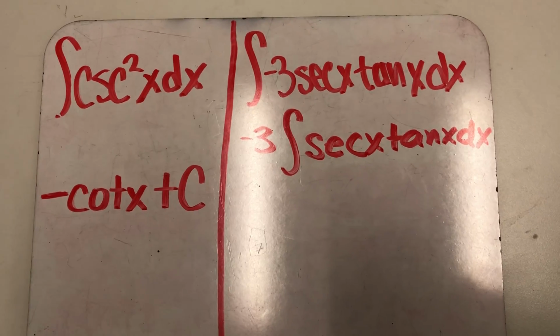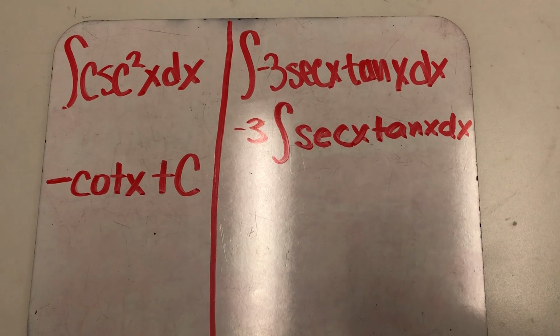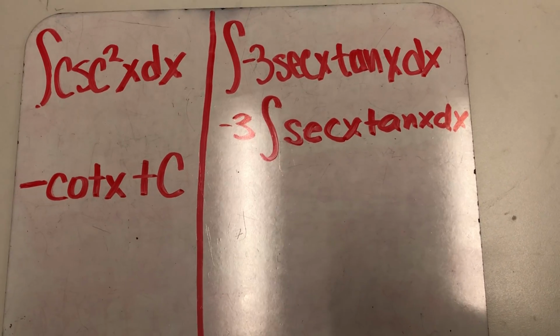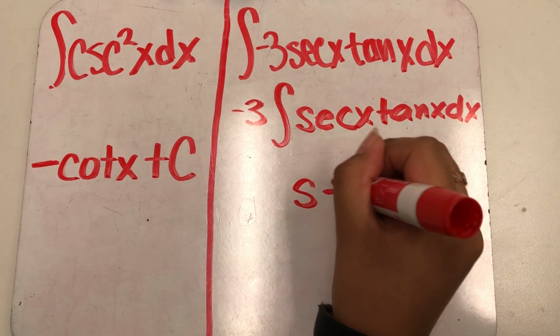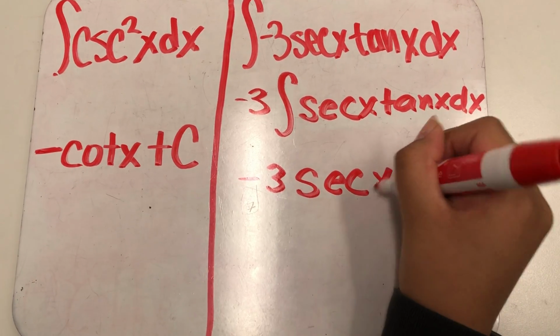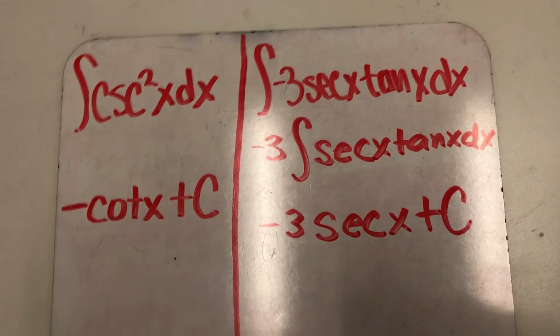So we know that secant x, when taking the derivative, is secant x tangent x. So that automatically is our final answer. So when we multiply it times -3, our final answer is -3 secant x plus c.